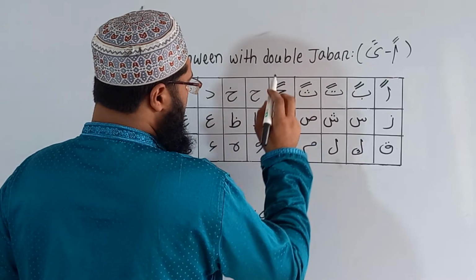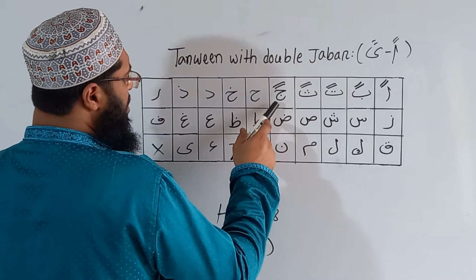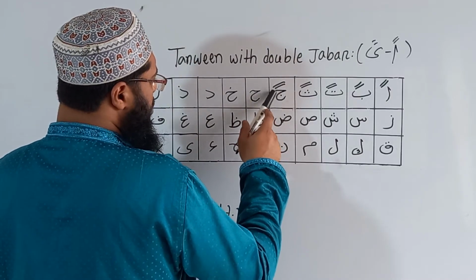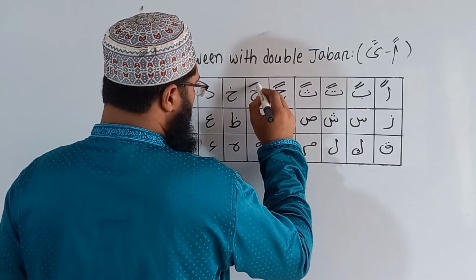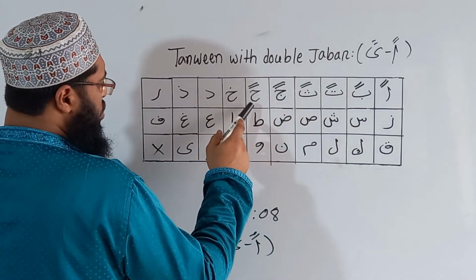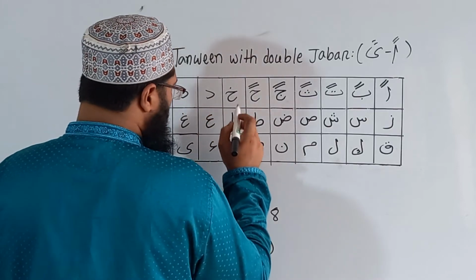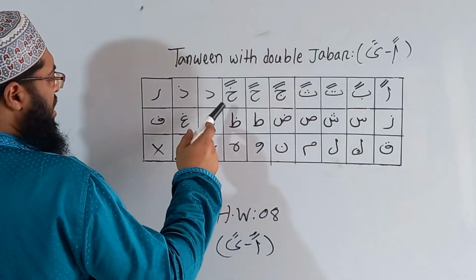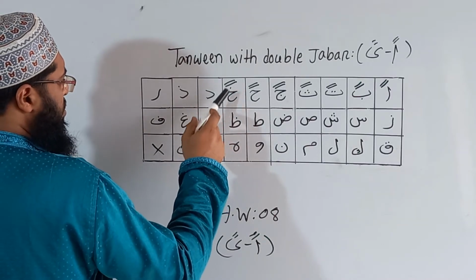After giving double Jabar over the Jim, you have to pronounce Jim dui Jabar jan. And this one is Ha. Now you have to pronounce Ha dui Jabar han. And you know that this one is Ho. Now we have to pronounce Ho dui Jabar khan, not Kha.